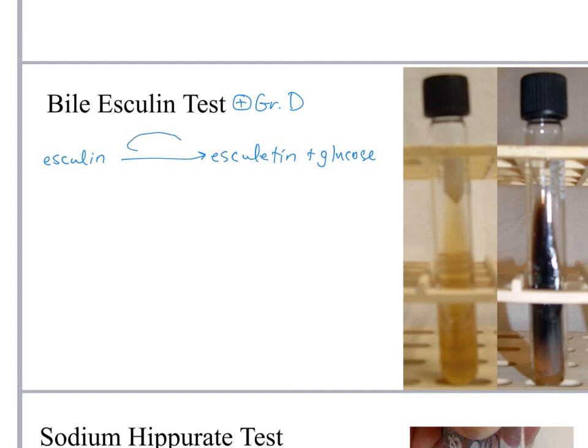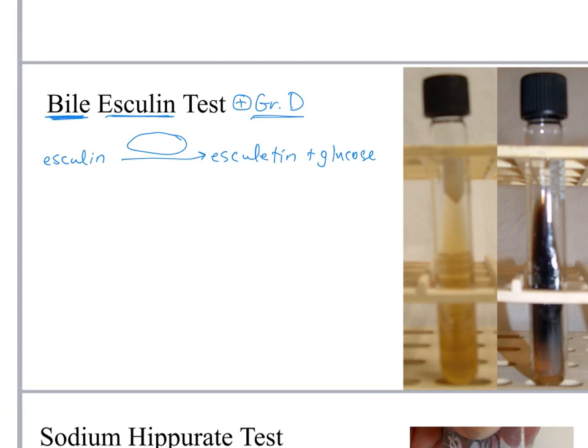I'm not going to worry about the enzyme here that these organisms use. I've heard it called a couple different things, and your book doesn't mention it. Esculinase is probably the most common thing it's called, but don't worry about it. Most organisms can't break down esculin, especially in the presence of bile. This is really a selective agent here. The bile is a detergent. Most organisms can't grow in its presence. So these group D streps are kind of unique that way.